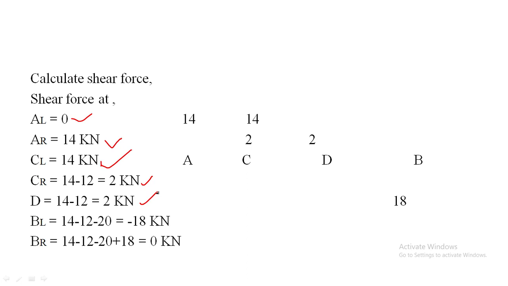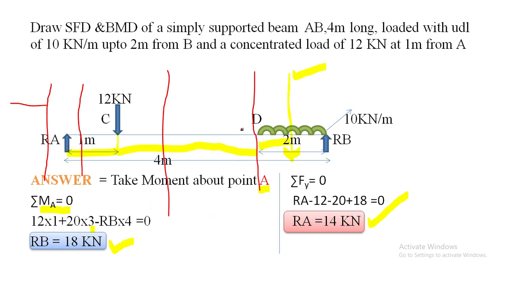Then B of left is 14 minus 12 minus 20, which is equal to minus 18 kilonewton. This means the section line is drawn left of B, directly on the B point.